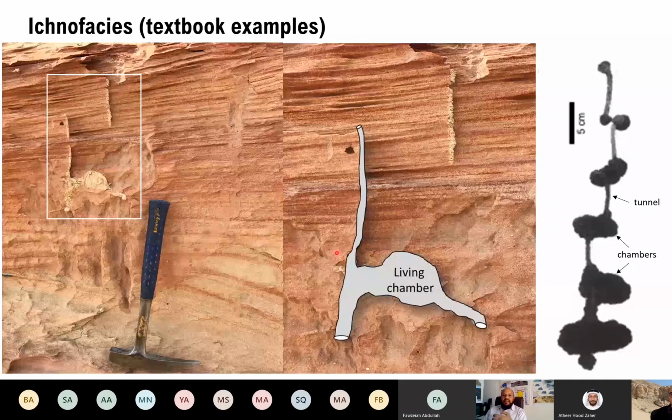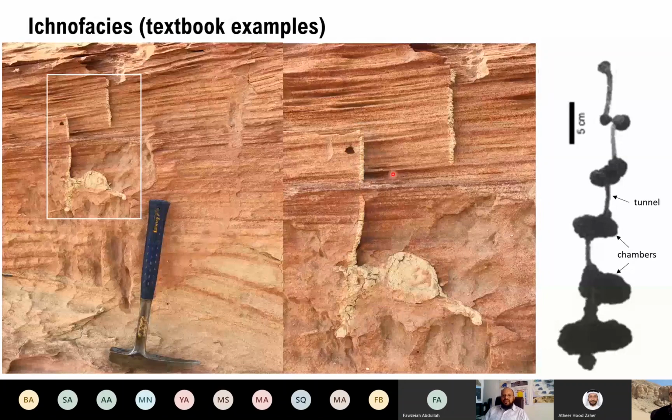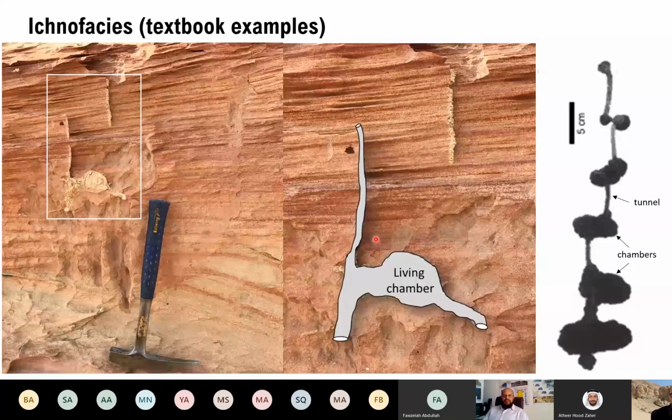And here we have a model. So basically, you have an Ophiomorpha burrow with living chambers. We pour in some cement, so we develop a cast of this burrow. So in this case, there is no way such features could be roots. If you keep looking, you will actually find this evidence, and this is where we managed to reach our conclusions.